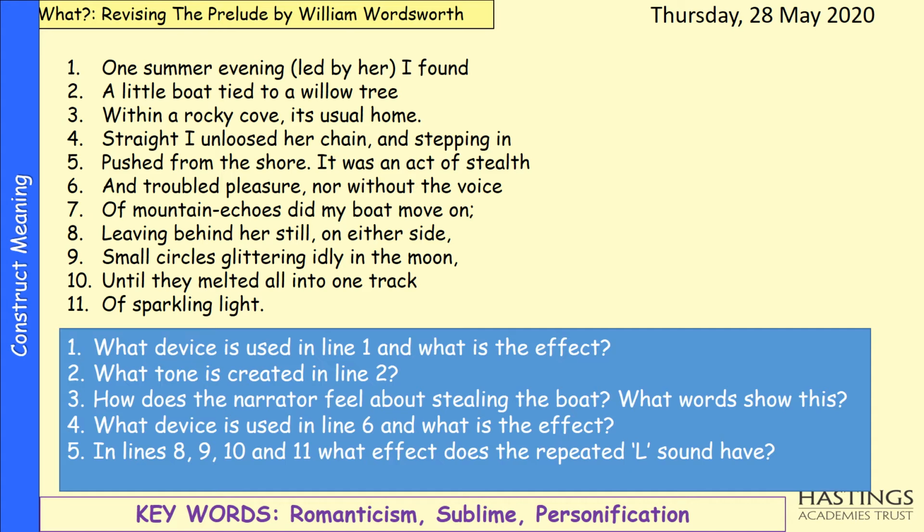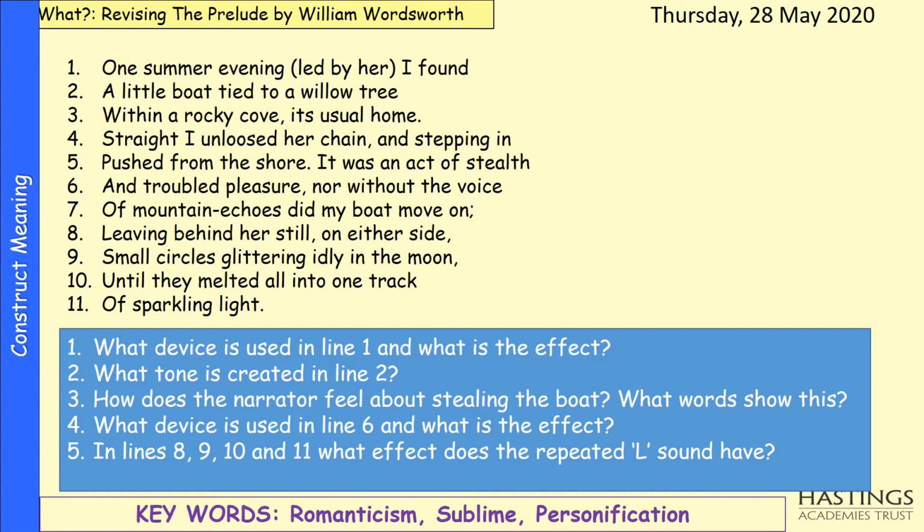Number 3, how does the narrator feel about stealing the boat? What words show this? So we get the sense that he's quite confident in what he's doing and he enjoys it. So in line 4, the first word there says straight I unloosened her chain.